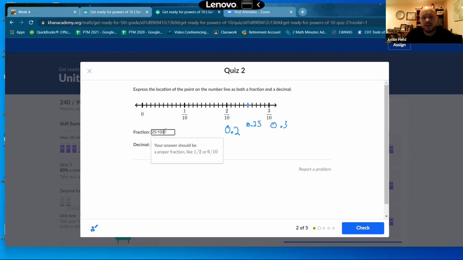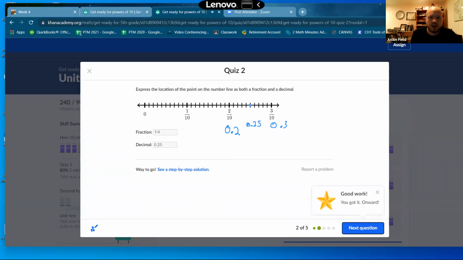All right, but I would like you to know that 25 hundredths is 1/4. We have a few memory decimals, and let's write them down right now. First one is 1/2. Everybody better know that's 0.5. The one we just did was 1/4 is 0.25.